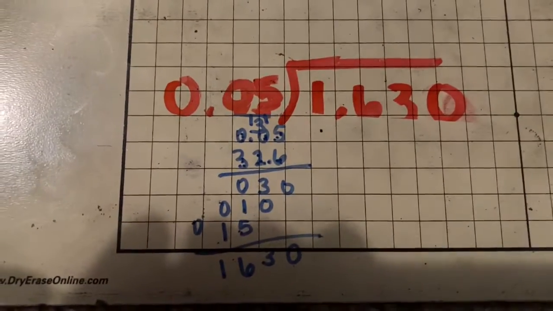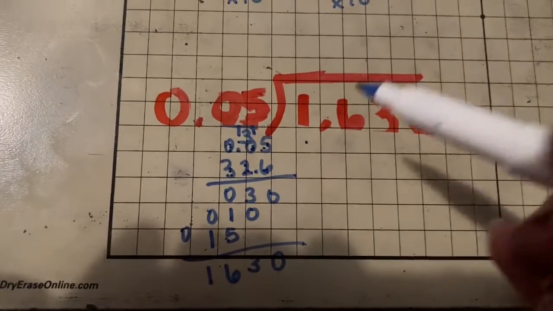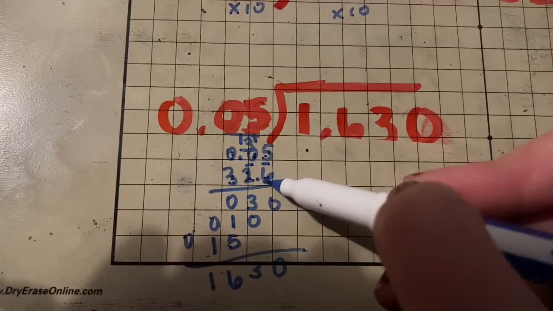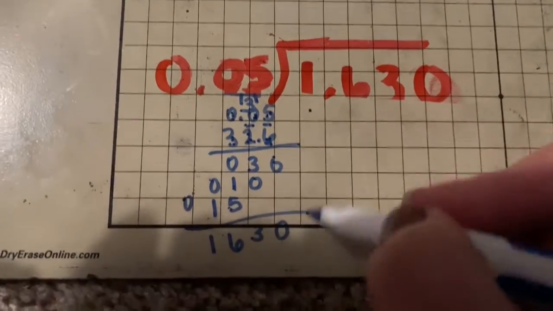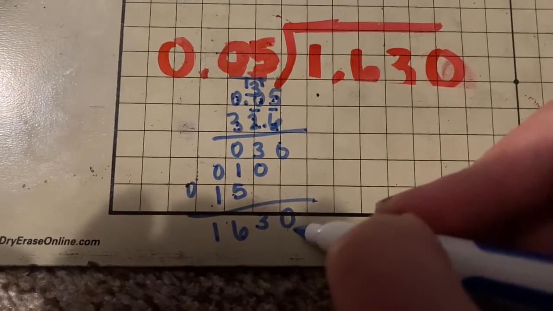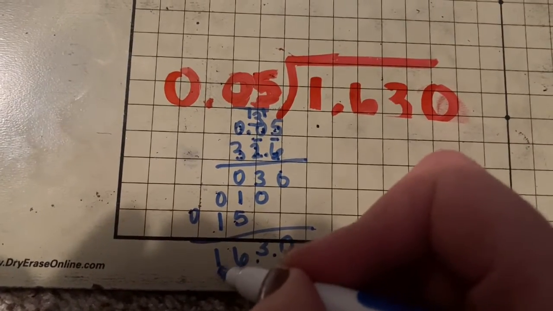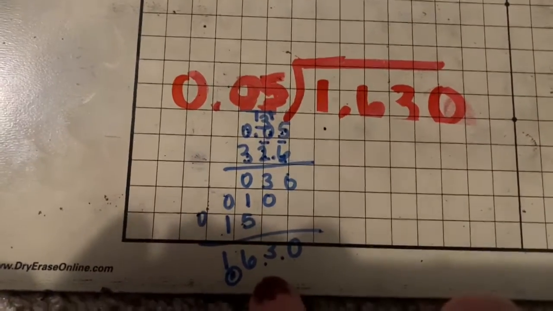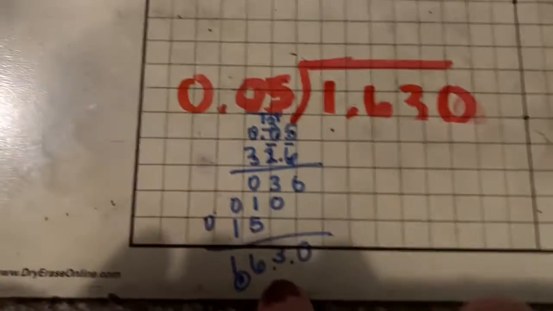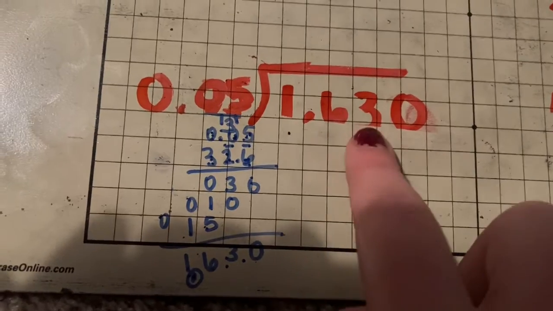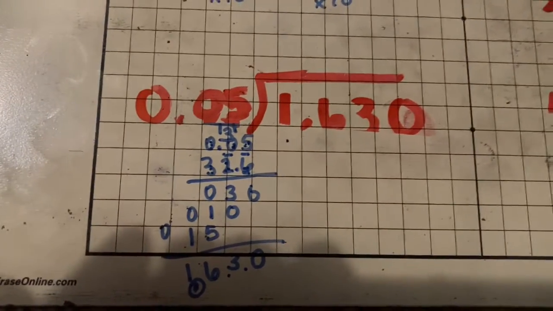And then remember from when we multiplied with decimals before, we need to look at how many digits are to the right of the decimal places. 1, 2, 3. So then 3 of our digits here need to be to the right of the decimal. 1, 2, 3. 1.63. Did we end up with the same number that was our dividend? Yes, 1 63/100. It checks out. We did it correctly.